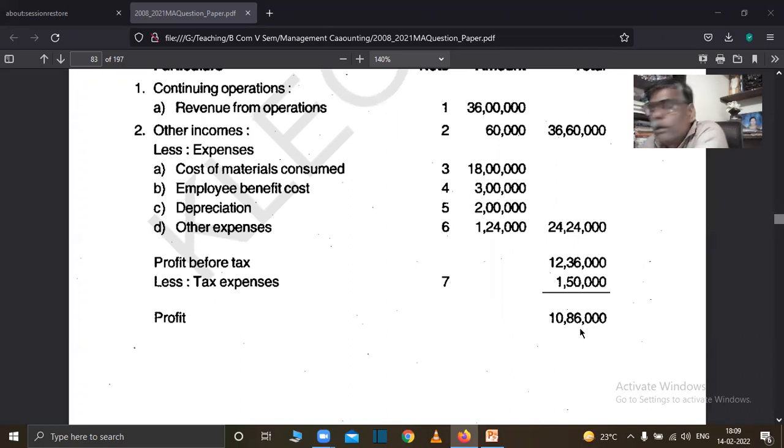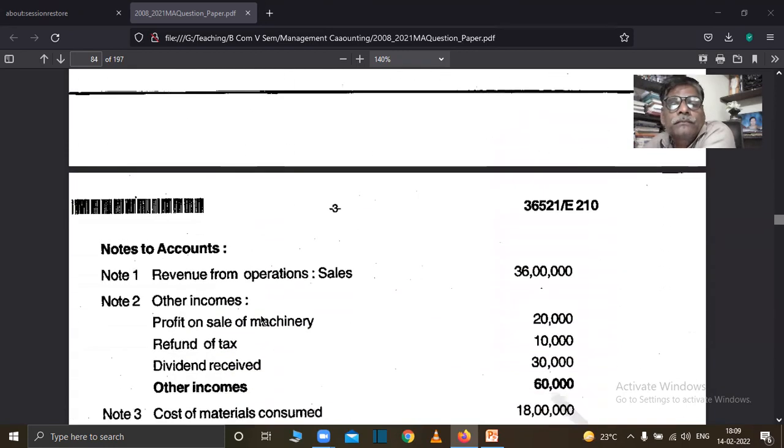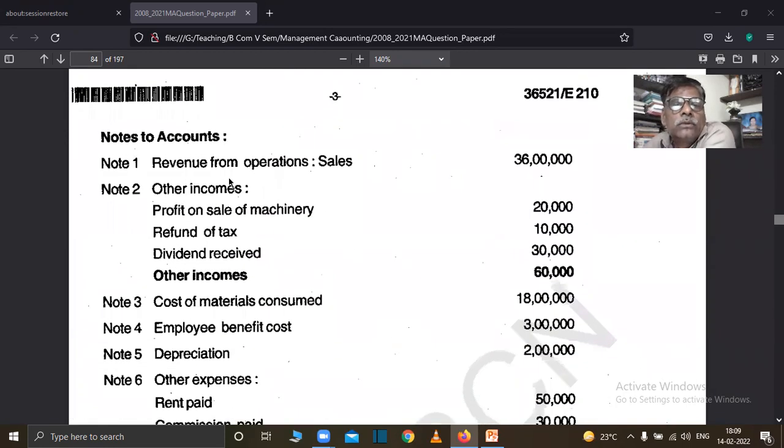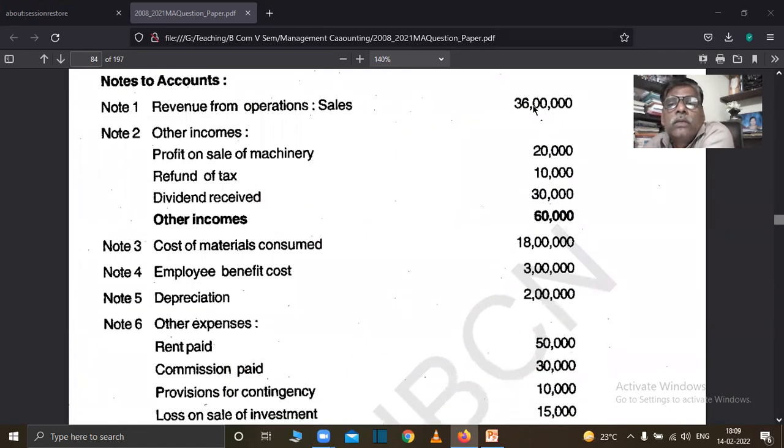Okay. You see here. First note, revenue from operation. Revenue from operation is related with business. You don't consider it. Then you see here incomes. In the income, profit on sale of machinery is not an operating income.